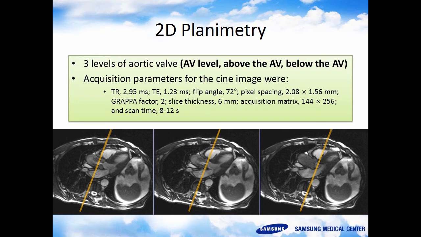To produce an SSFP Cine image throughout systole and diastole, the images were obtained over several cardiac cycles in multiple breath holds. Acquisition parameters for the Cine images and velocity-encoded imaging were as follows.